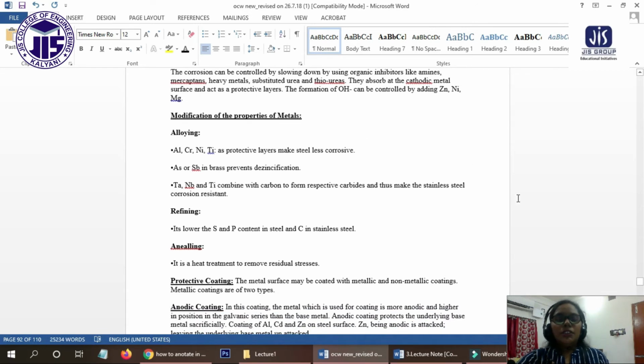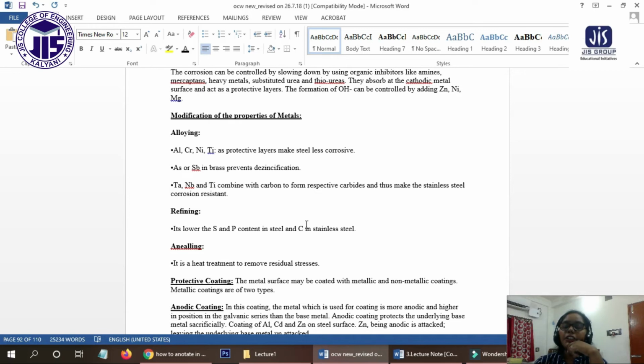Next, come to the part that is modification of the properties of metal. Now we can also modify the properties of metal to prevent corrosion. How? By alloying. Like if we don't use pure iron, rather than pure iron, if we use steel, what will happen?